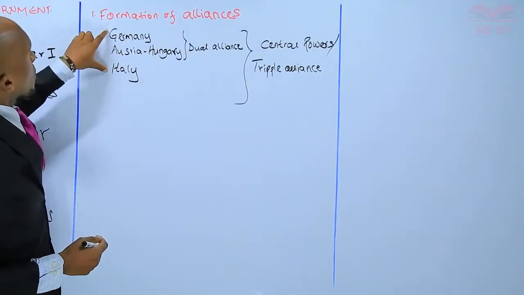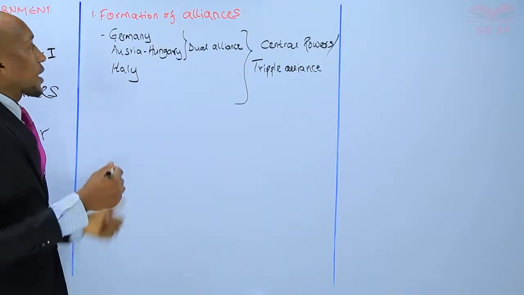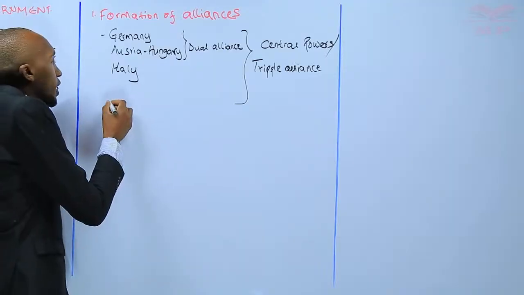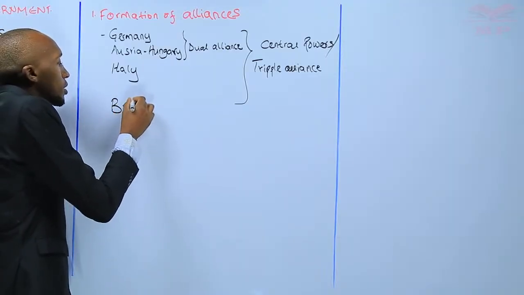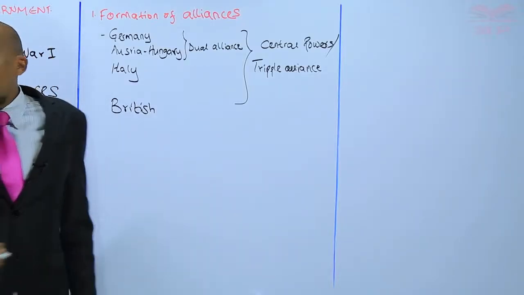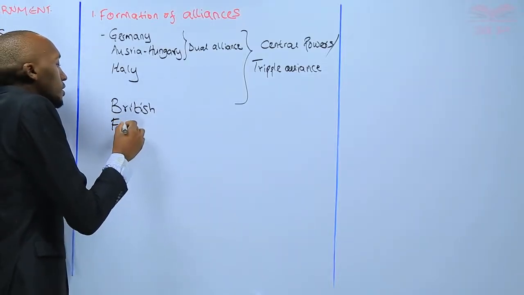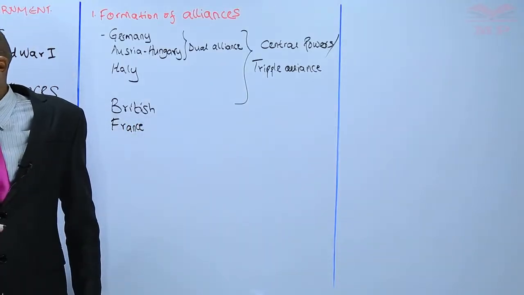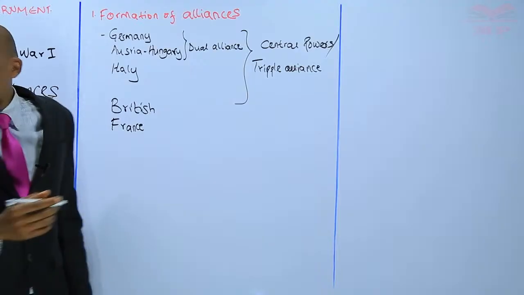Then, in opposition to this, we find another group of countries that came together. We have the British. They came together with France, and also with Russia.